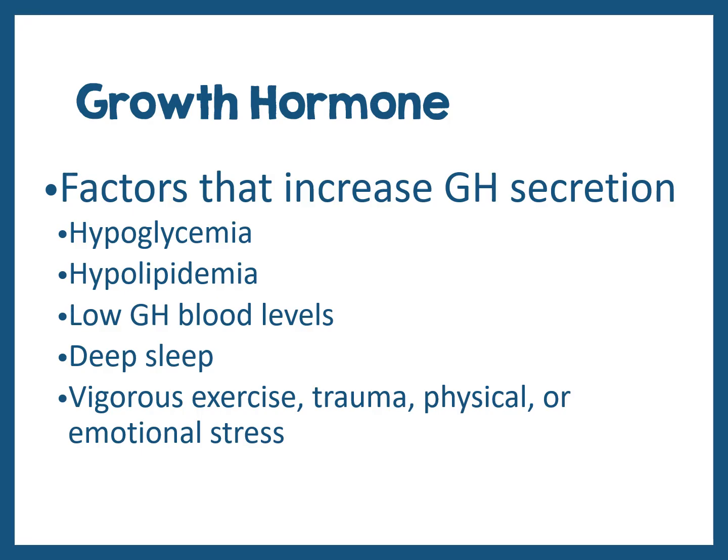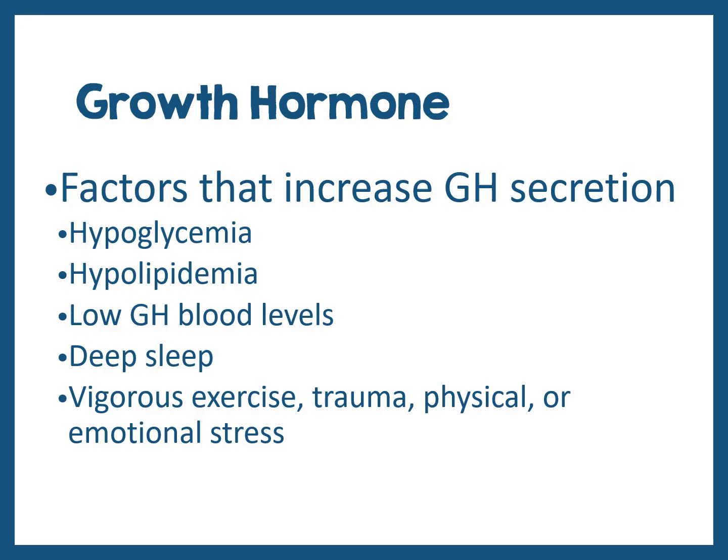So some factors that will increase the secretion of growth hormone are going to be things like hypoglycemia or low blood sugar, or if we have a very low growth hormone blood levels. And growth hormone is actually secreted in your sleep.